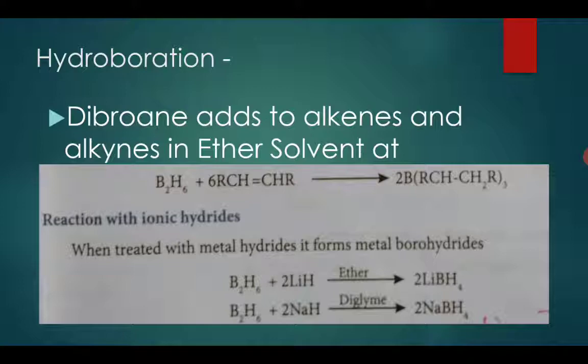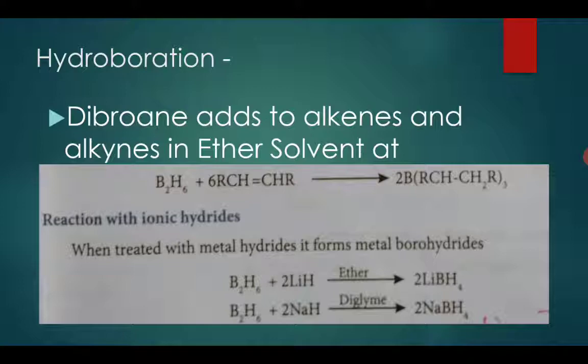And the next is the reaction with ionic hydrides. Diborane reacts with metal hydrides, for example lithium hydride and sodium hydride, in the presence of ether and diglyme. Both give metal borohydrides.